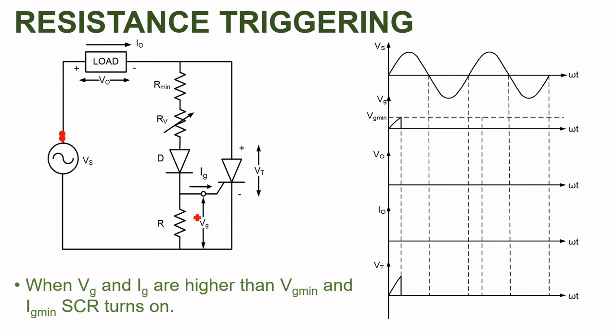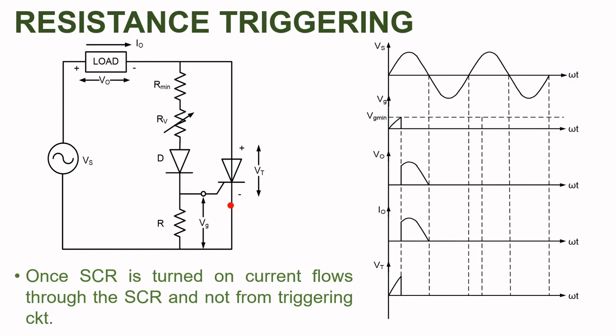This voltage is going to follow the voltage Vs. At the point when the voltage becomes equal to Vg minimum, the SCR turns on. As soon as the SCR turns on, the voltage across the SCR drops to the on-state voltage drop, which is very low. Here on the graph we can see the dropping of the voltage.